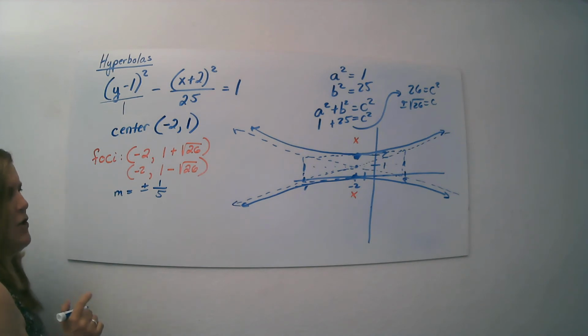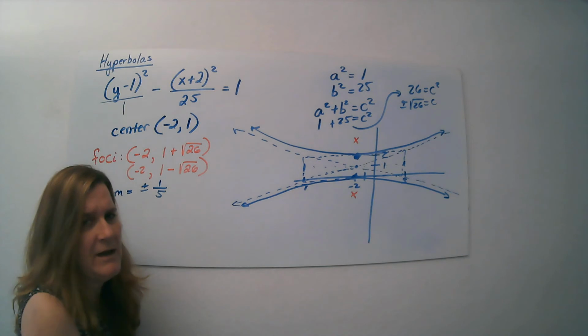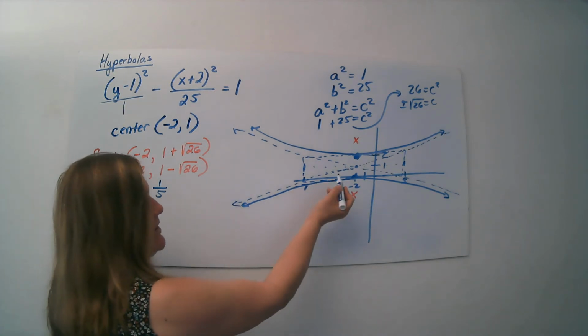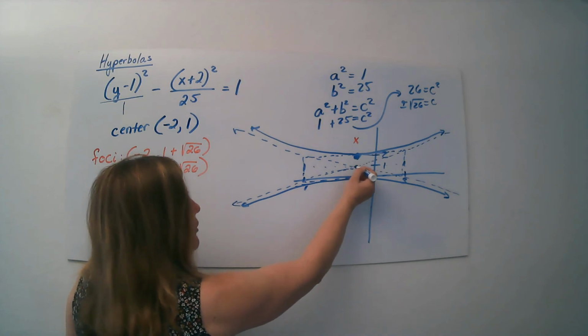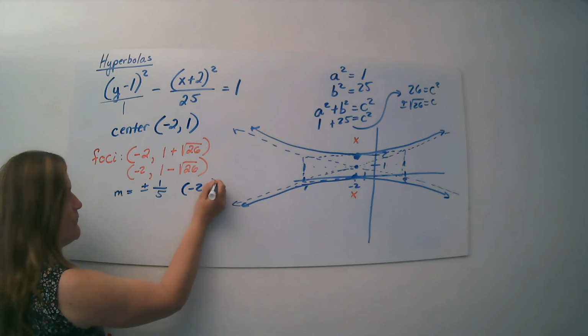And we know that the lines don't go through the origin this time. So our y-intercept is not the 0, 0. But we do know that the lines go through the center, which is the point negative 2, 1.